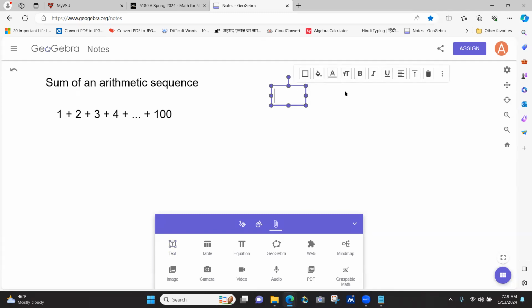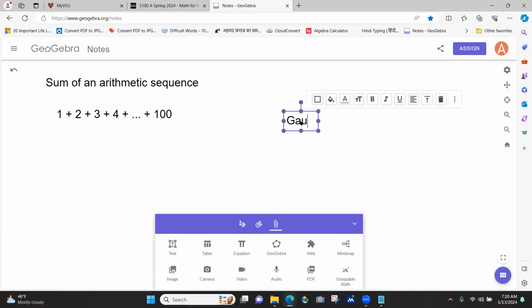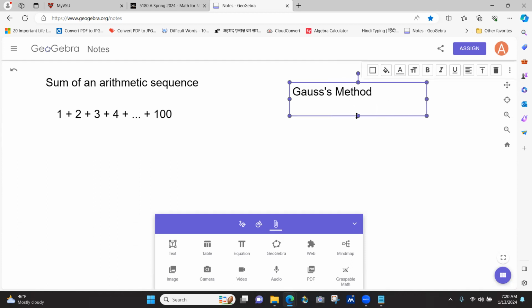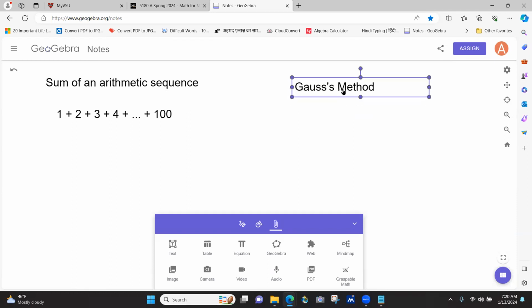Gauss was a well-known mathematician, and we are told that when he was very young, in grade 5 or grade 6, he invented this method, and we still use this method. Okay? Now, Gauss's method does this.